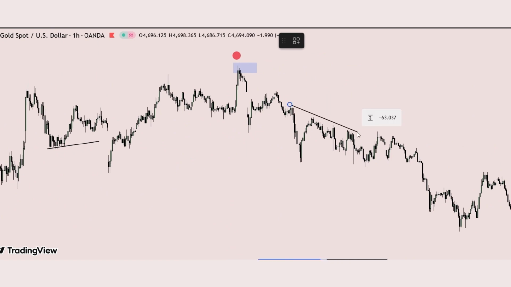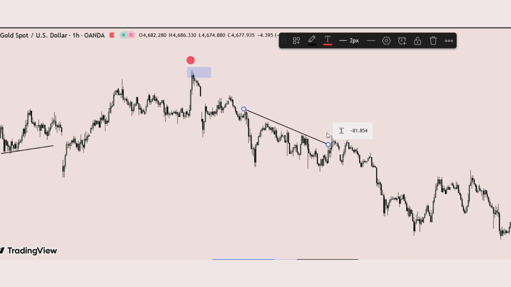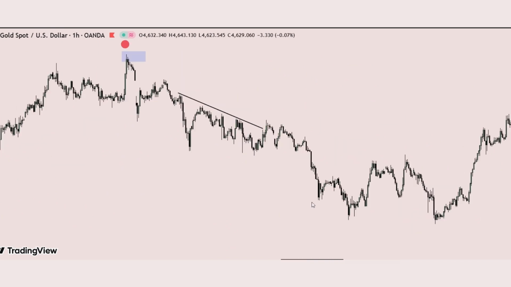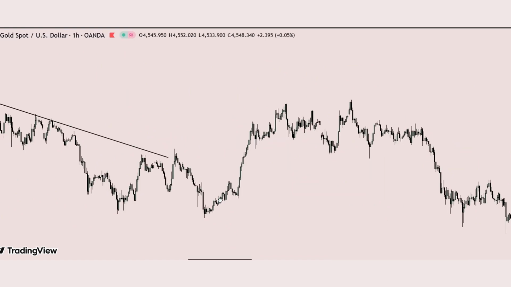As you can see, the markets created this as descending trend line liquidity and taken the liquidity by this move above this. All the liquidity is taken by this move and tap here and then reversed. Again, if you see, this is also a trend line liquidity. This move takes all the liquidity above the trend line and then reversed.